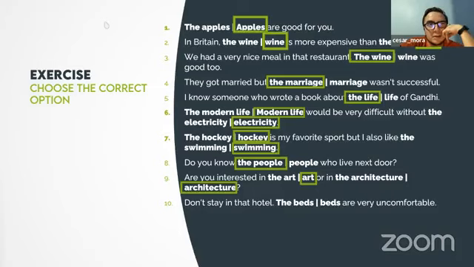How do you pronounce architecture? Architect.